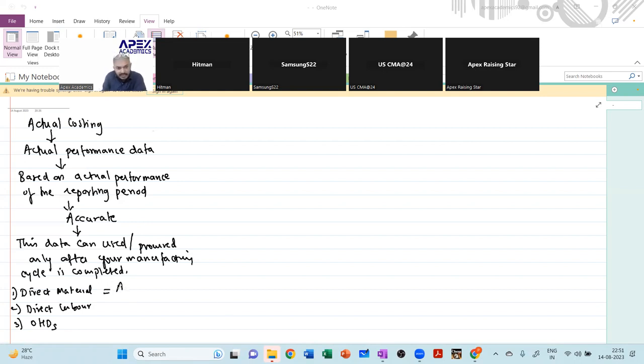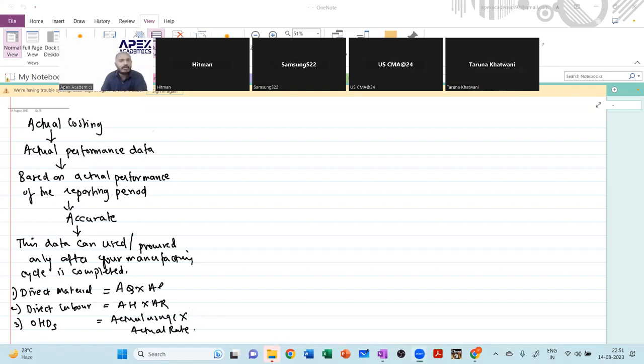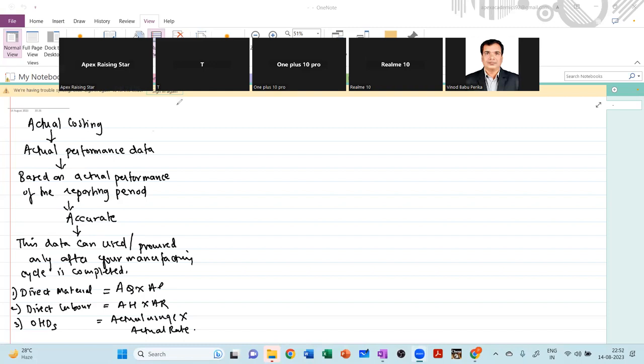Direct material is equal to actual quantity multiplied by actual price. Direct labor is equal to actual hours multiplied by actual rate. And overhead is equal to actual usage multiplied by actual rate. Please be careful about that.